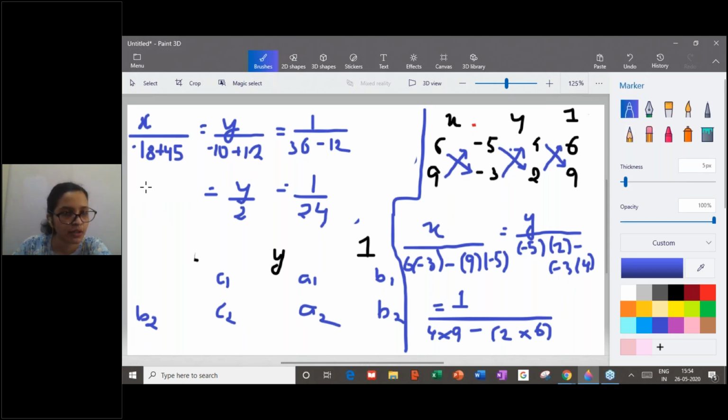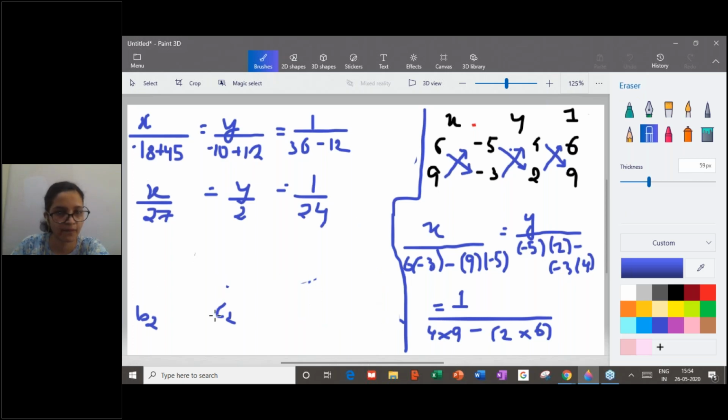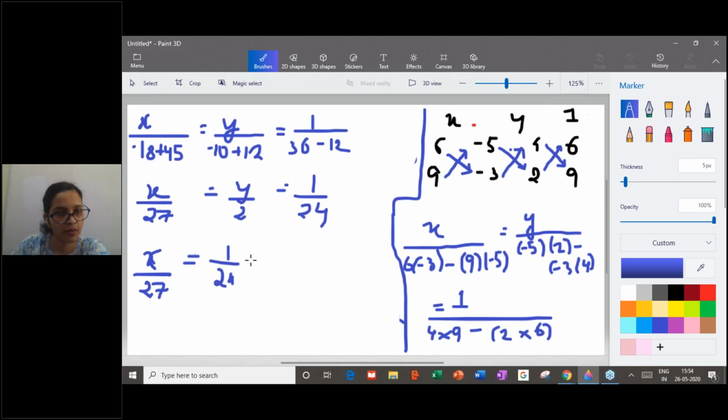X by 27, right? So now you can write it as x by 27 is equal to 1 by 24, y by 2 is equal to, right?